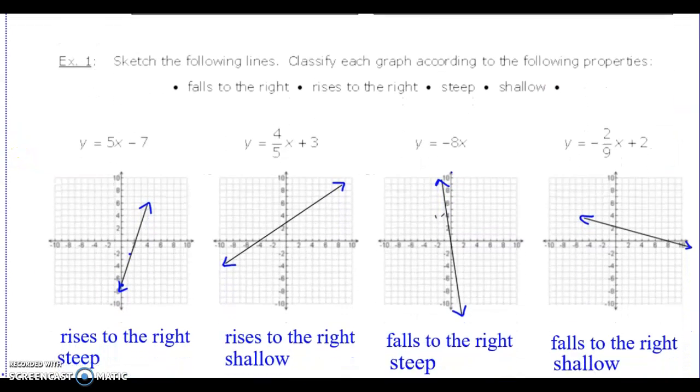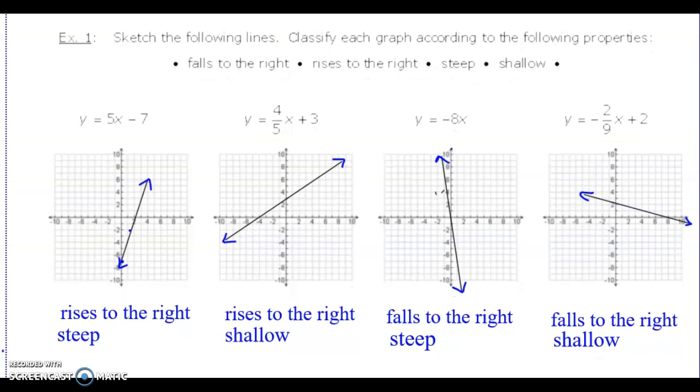So looking at our first example, I want you to sketch the following lines, and then I would like you to classify each according to the following properties. Falls to the right, rises to the right, steep, or shallow. Okay, so our first line, y equals 5x minus 7. I start with my y-intercept, which is negative 7, put a dot there.